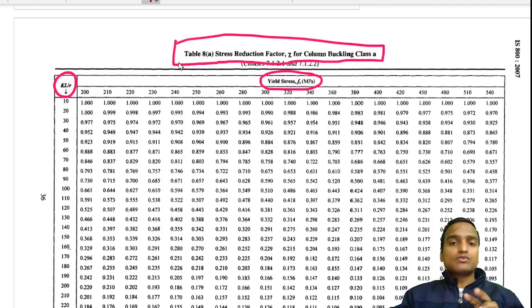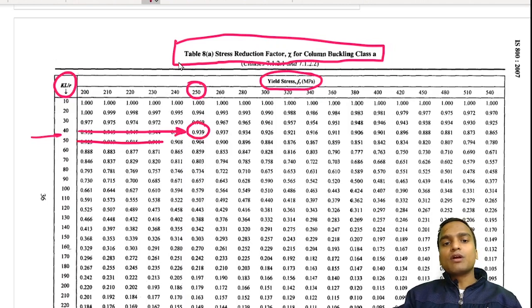Mostly Fy is equal to 250 megapascal, and if your KL by r, the slenderness ratio, is 45, somewhere lying between 40 and 50, you have to go along this line, and the value of X for 250 megapascal here is 0.939.